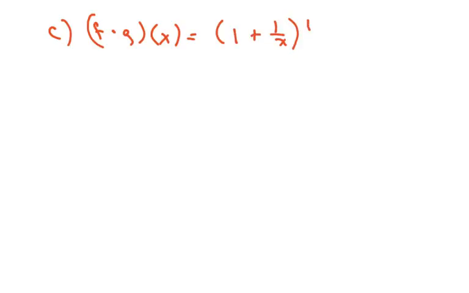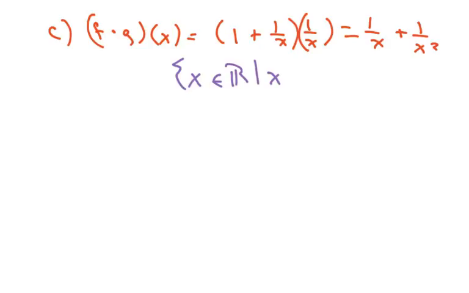Okay, now for c, we have times. That's f times g of x, which is 1 plus 1 over x times 1 over x, which equals 1 over x plus 1 over x squared. Therefore, the domain is all real numbers, but x can't be 0.